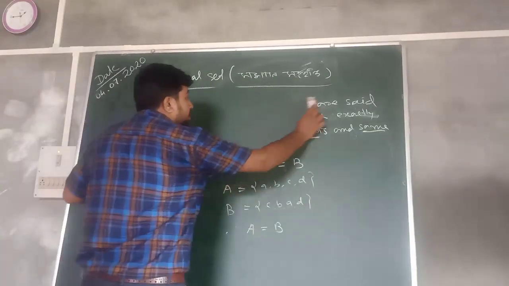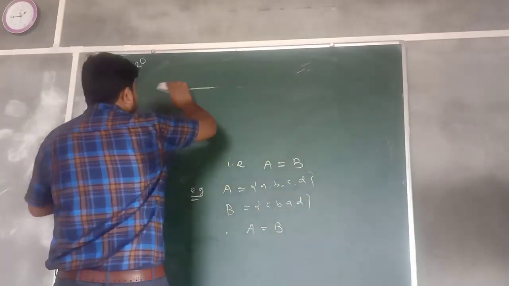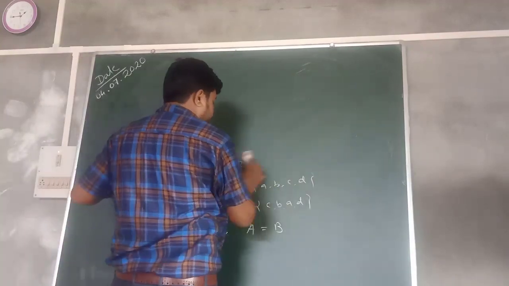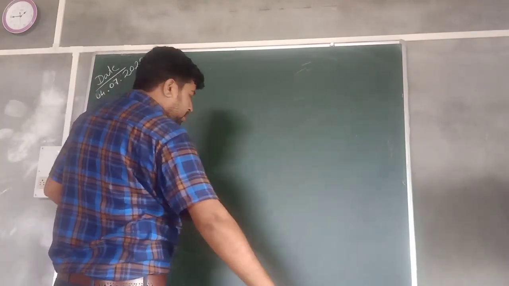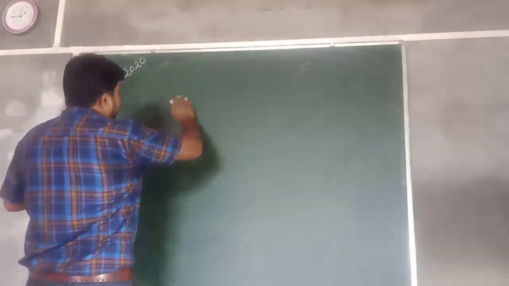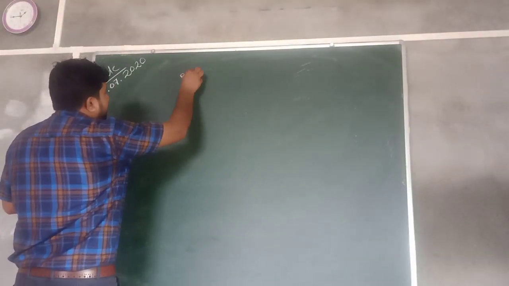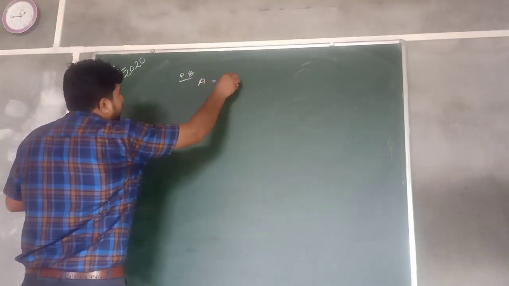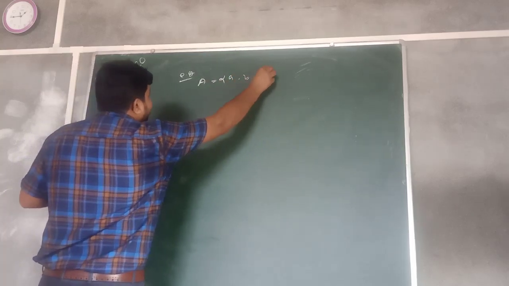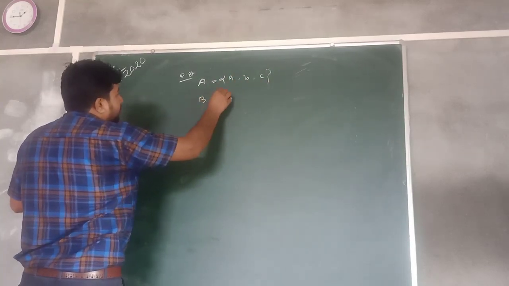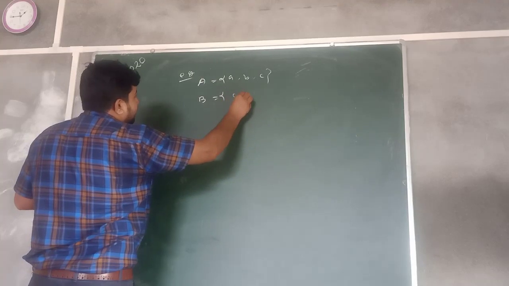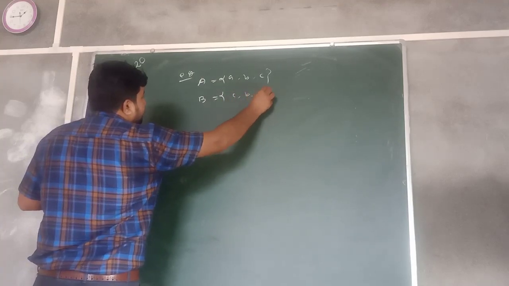Now, we take another example which is not an equal set. For example, capital A is equal to a, b, c. B is equal to c, b, d.